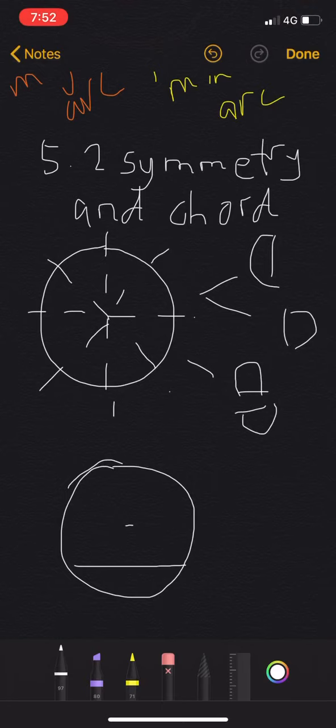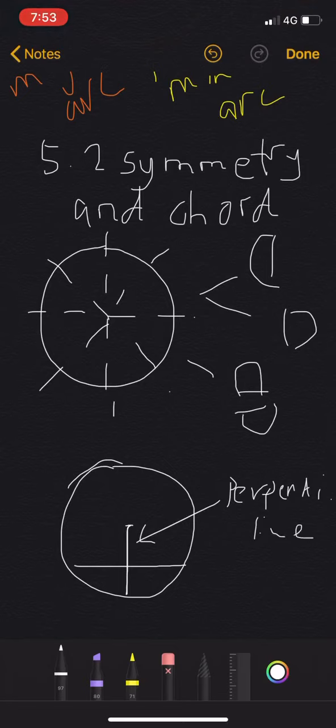So what is the perpendicular line? Line that cuts your thing into two parts with equal length, right? So this is your perpendicular line.